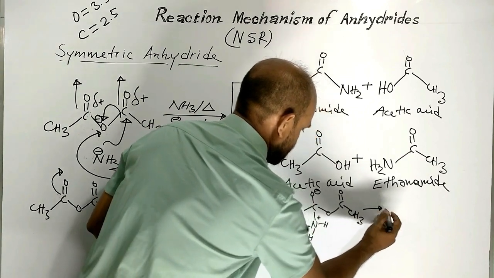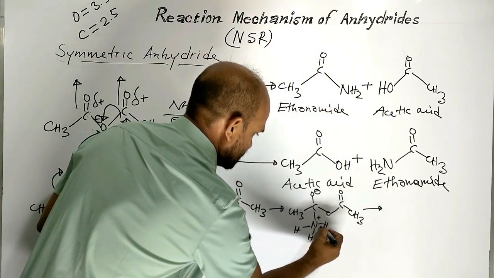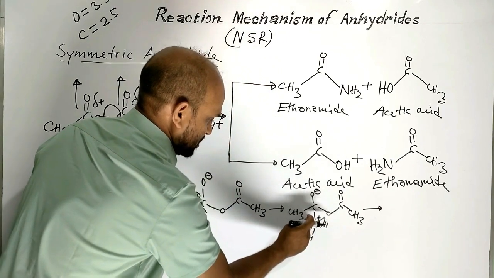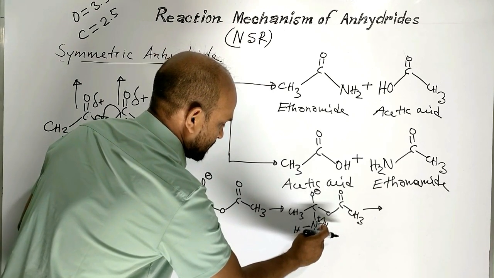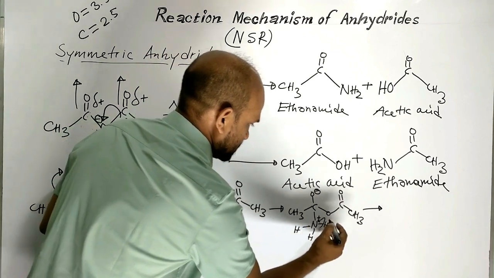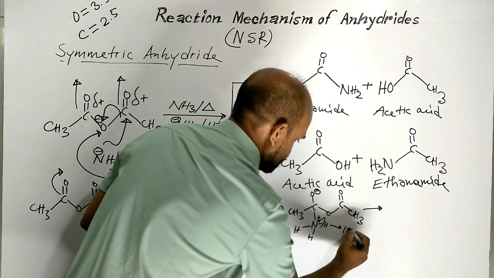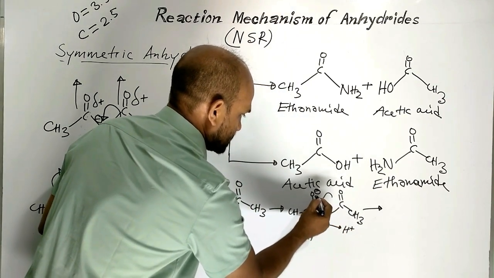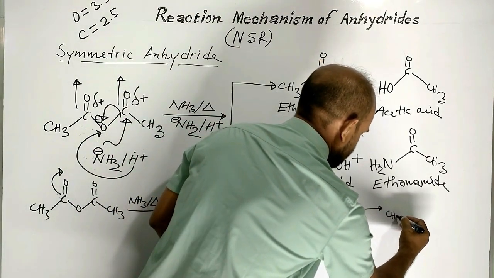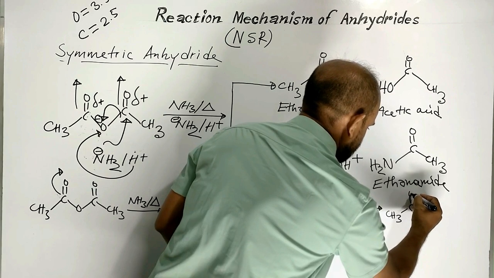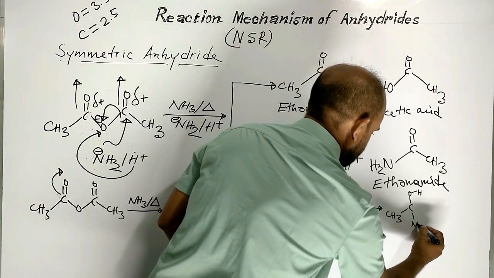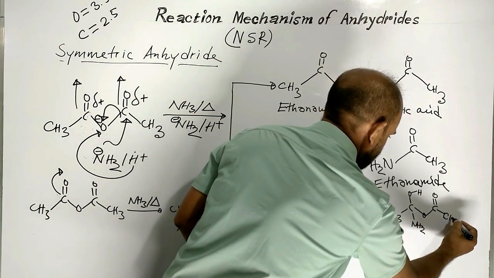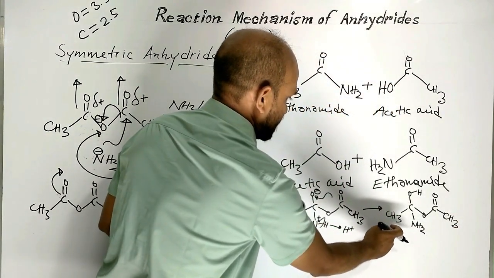Now, because of this positive charge, this bond breaks in this way. Covalently bonded electrons turn into lone pair of electrons, and this hydrogen gets freed as proton. This proton combines with this oxygen. As a result, this is obtained.